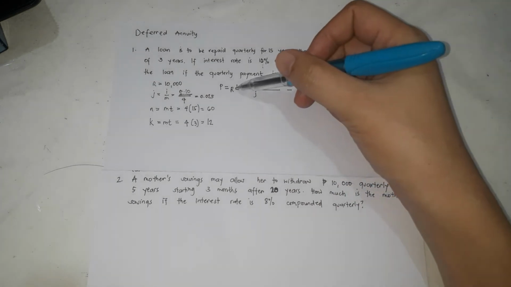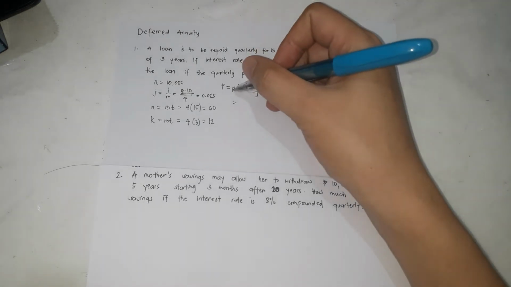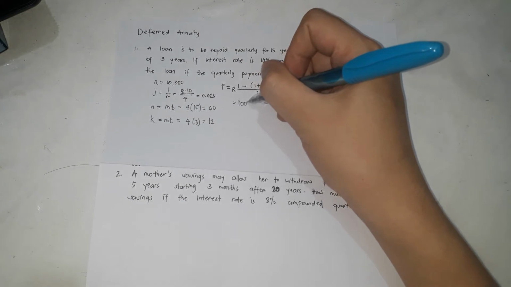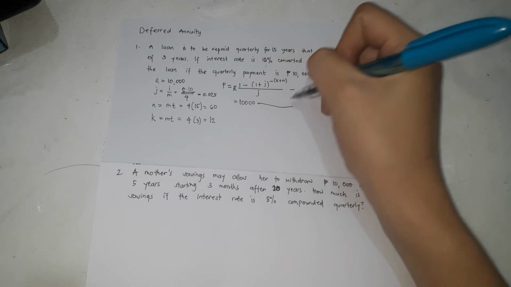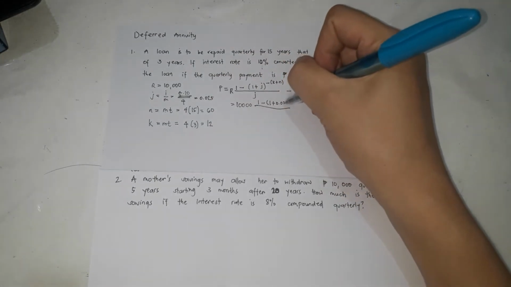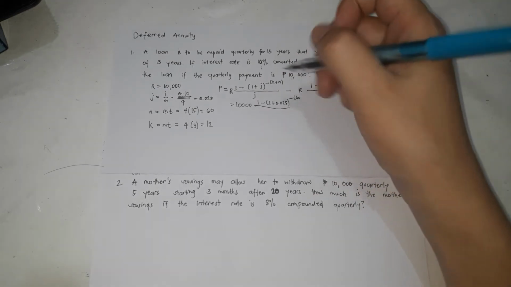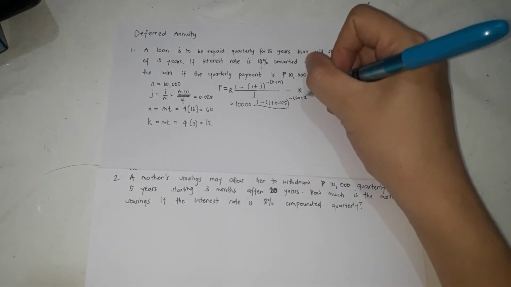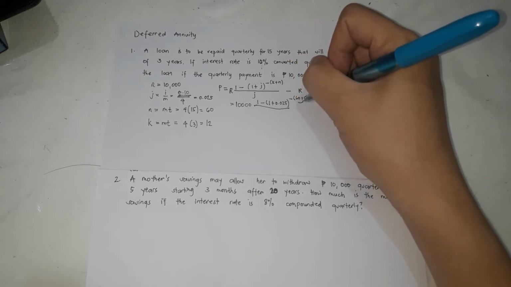So we now know all the necessary data, and we're going to substitute it. 10,000 times 1 minus (1 plus 0.025) raised to the power of negative 60, or negative 12 plus 60, or 60 plus 12. It should be 12 plus 60, but they're going to have the same result.